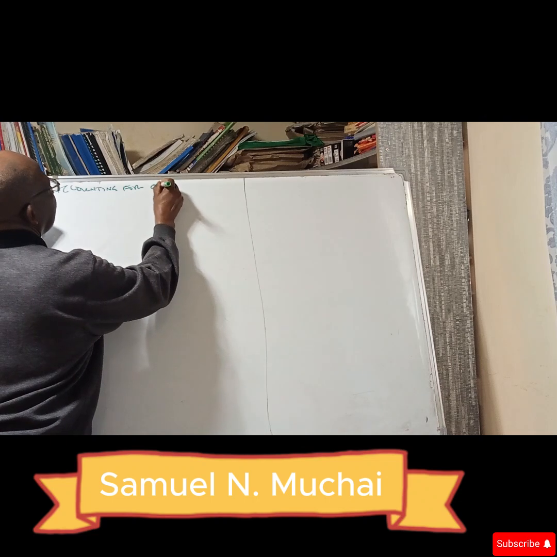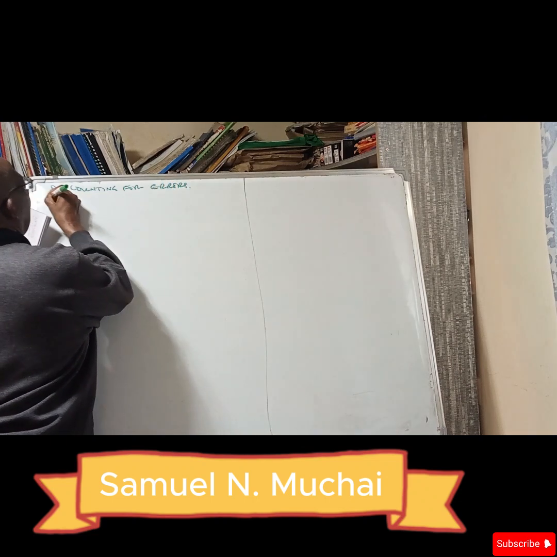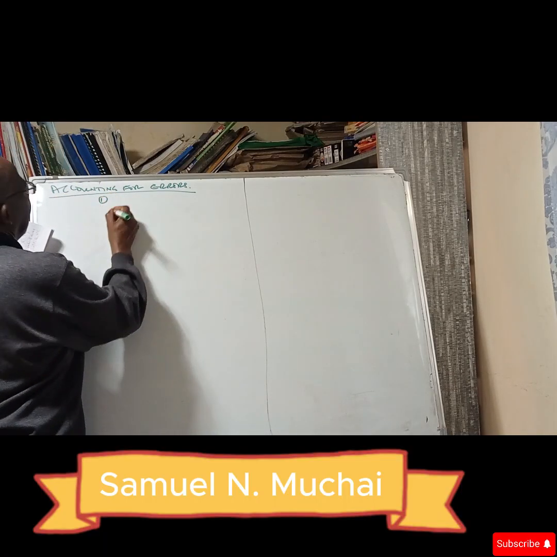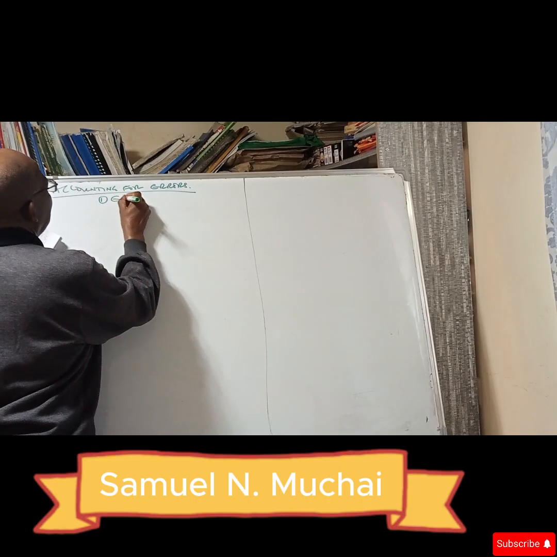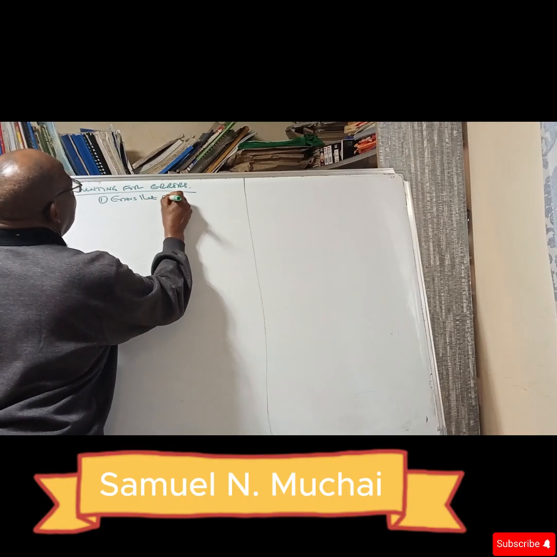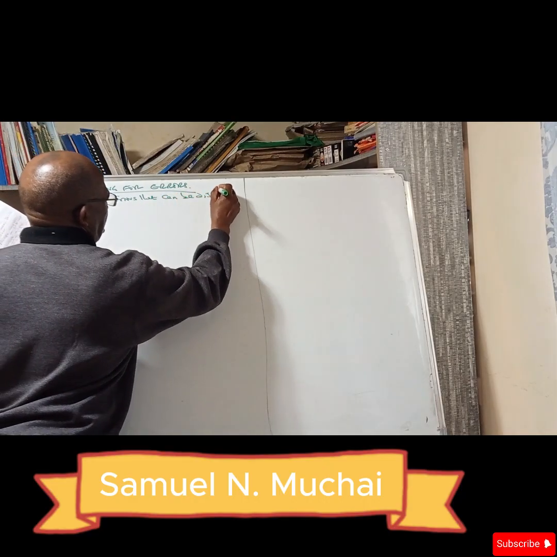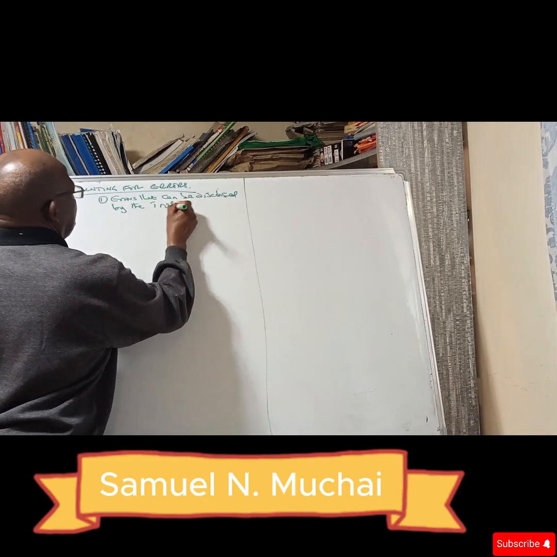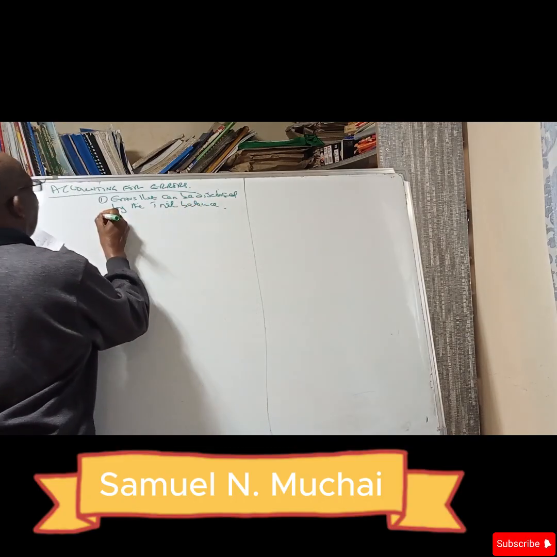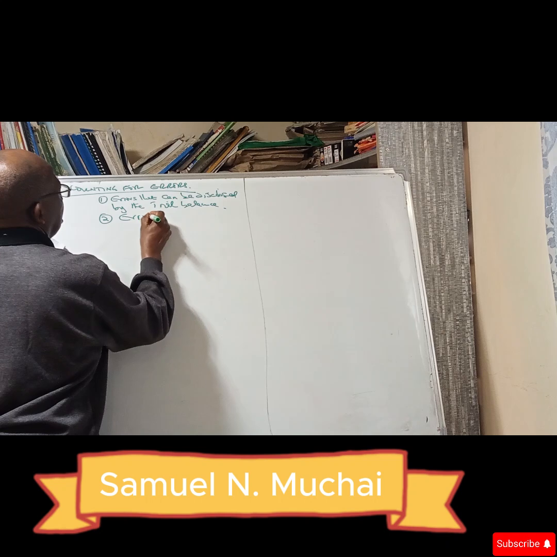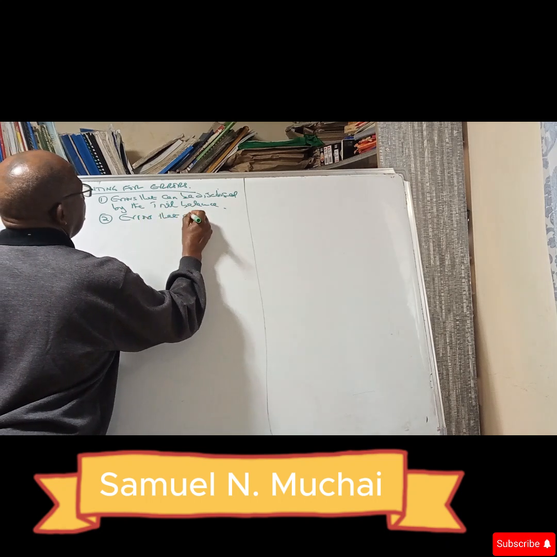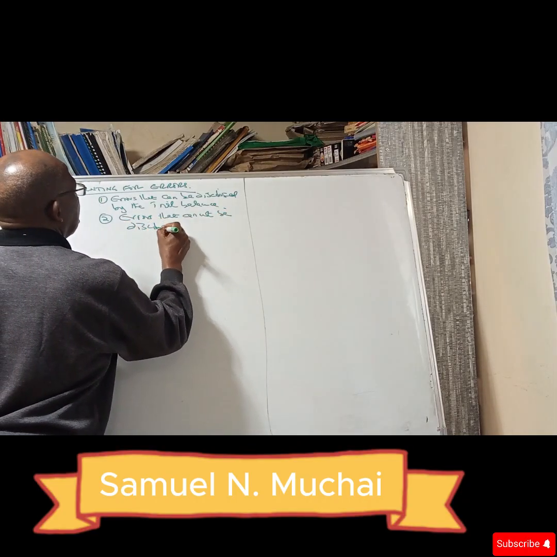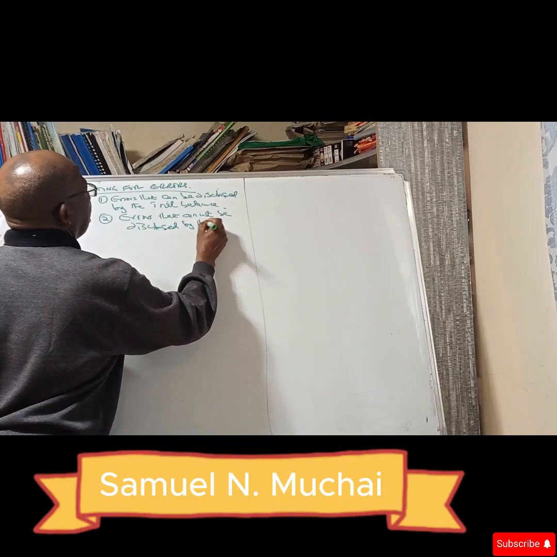We usually say that there are two types of errors: errors that can be disclosed by the trial balance, and errors which cannot be disclosed by the trial balance.